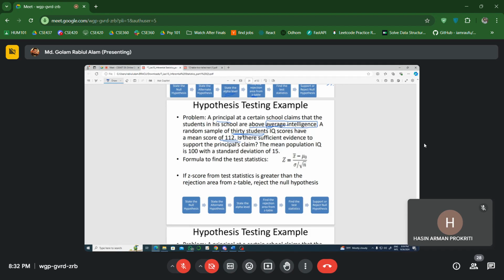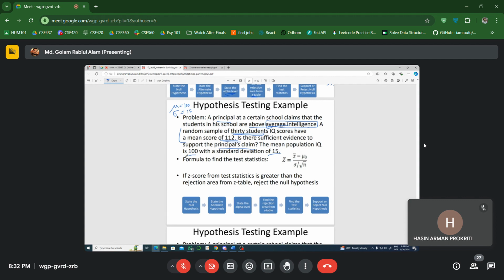Is there sufficient evidence to support the principal's claim? The population mean IQ score is 100 and the standard deviation is 15. So these are given. We have collected the data for that purpose.